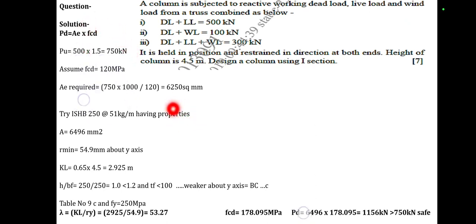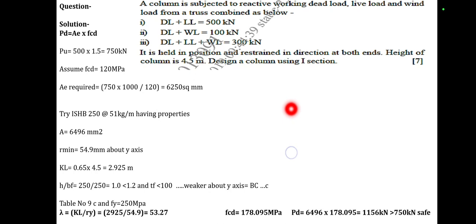As the load is directly given, we have to calculate the ultimate load or the factored load. Dear students, note that whenever the given load is not an ultimate load or factored load or maximum load, we have to multiply that load by a factor of safety, that is 1.5.